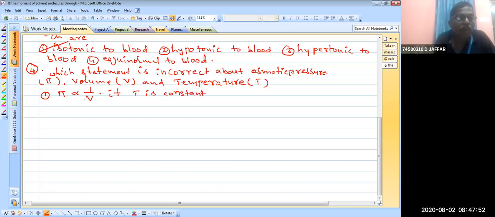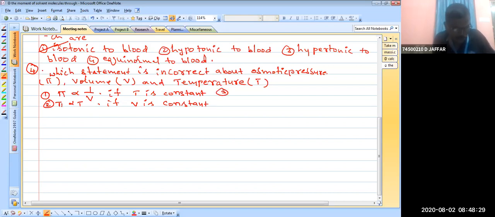Option 2: pi is directly proportional to T if V is constant.